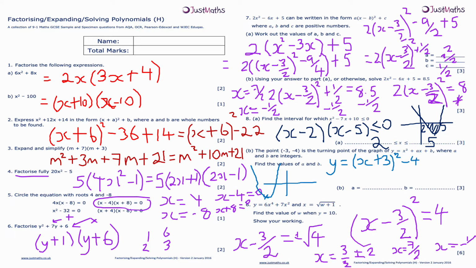So expanding all this out, I'm going to get x squared plus 6x plus 9, and then subtract the 4, I'm going to get 5. So y is equal to x squared plus 6x plus 5.